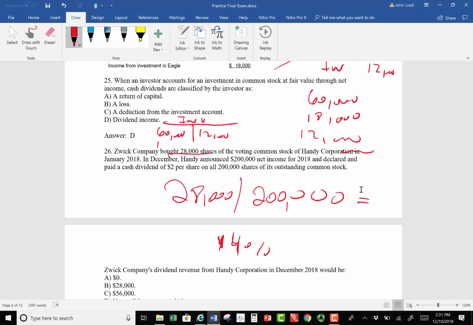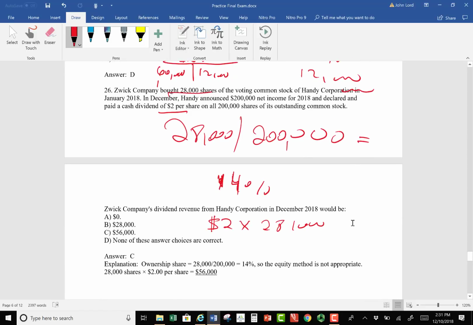So I'm only going to take as my investment income whatever dividends I got. And so they declared dividends of $2 per share. $2 per share times how many shares do I own? Times 28,000. Should give me 56,000 as the answer here.